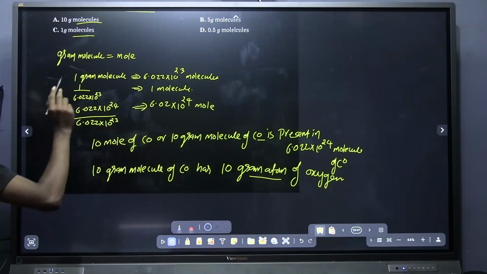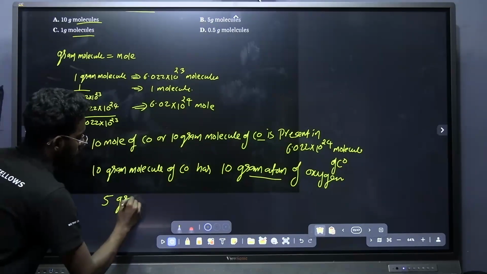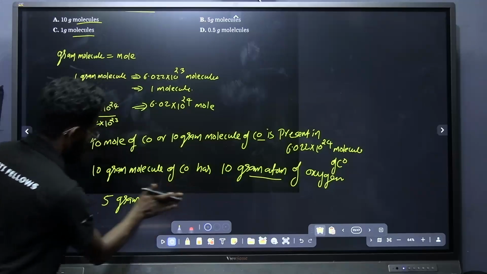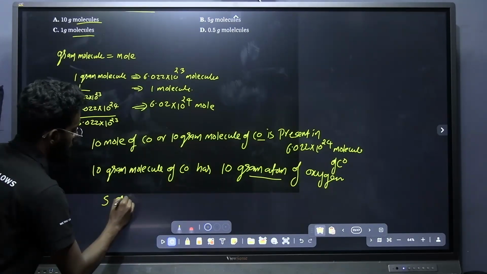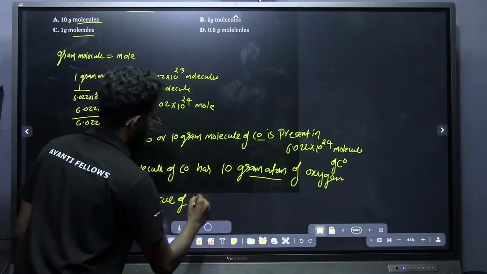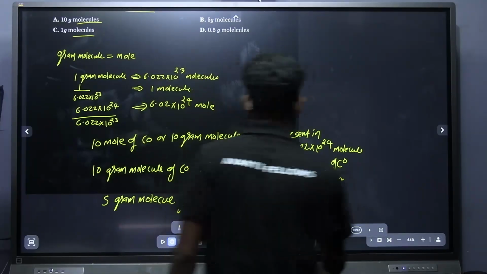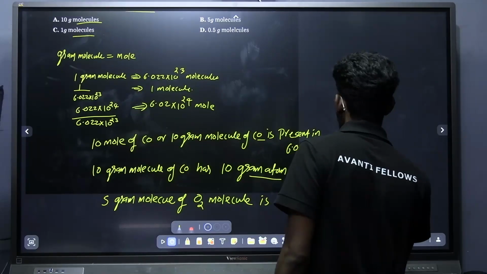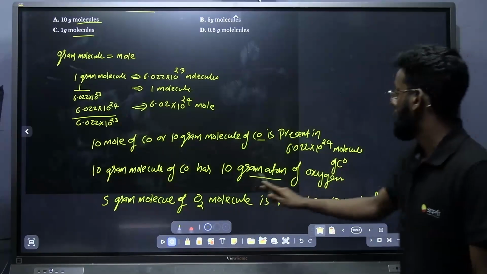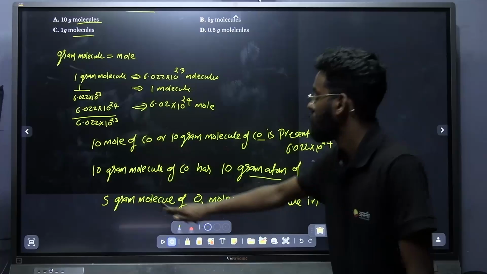But we have to give the answer in terms of molecule, so instead of 10 gram atoms, I take 5 gram molecules of O2, which is there in 10 mole of CO. In terms of atom I say 10 gram atoms of oxygen, but in terms of O2 molecule, it is 5 gram molecules or 5 mole of oxygen.